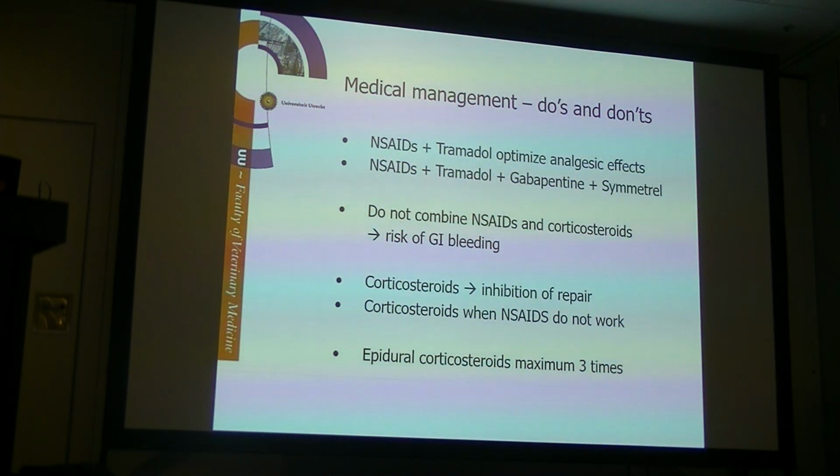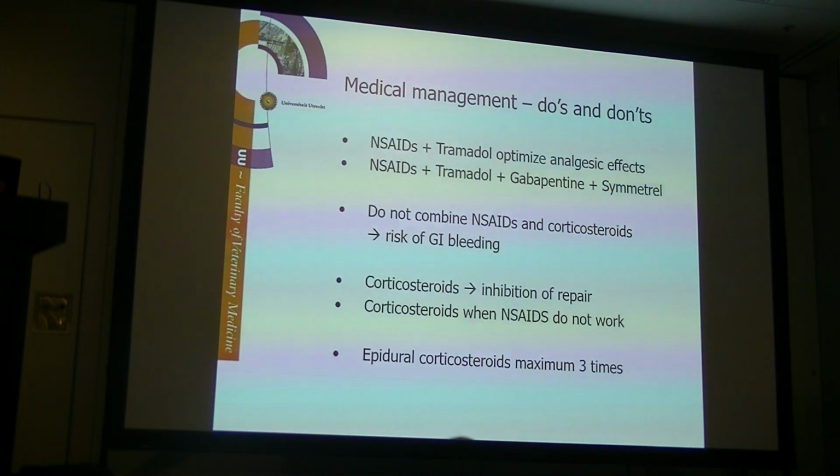And if you use steroids for a long time, remember that you also will inhibit the natural cure that takes place in joint disease or in disc disease. You will inhibit natural cure, you will inhibit the immune response of the dog. And this is already done by 1 week of steroid medication or by 1 injection.